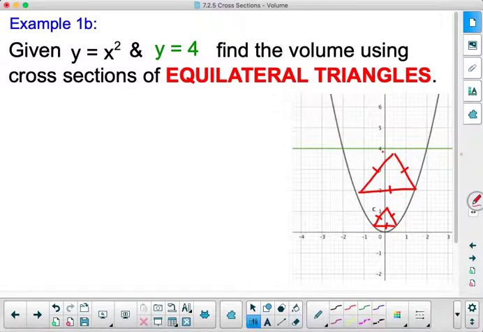Now, because we're going to stack equilateral triangles, again, we're going in what direction this time? We're going in the y direction, starting at 0, going to 4. And so this is going to be y integration.